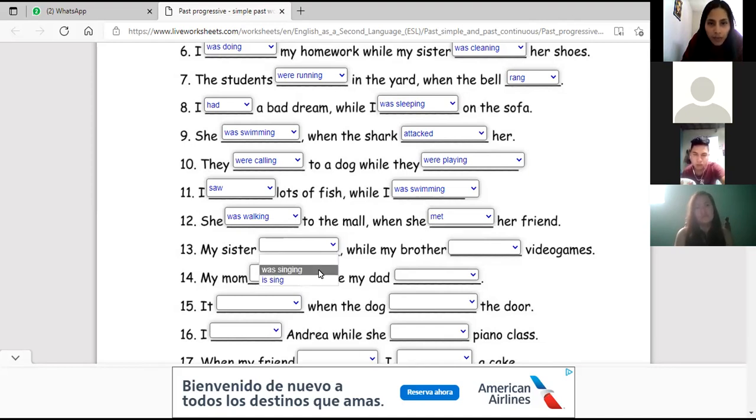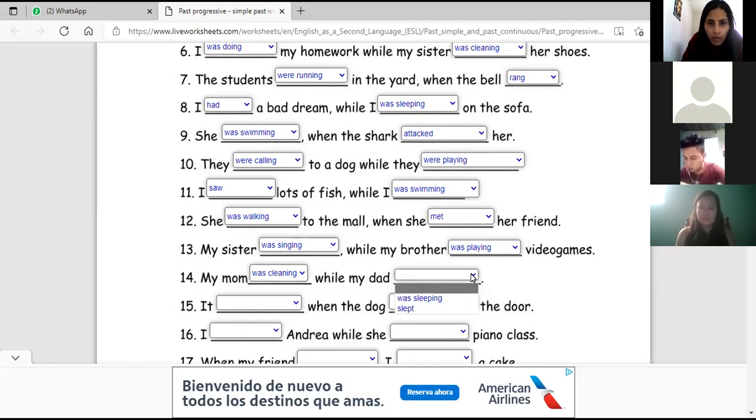My sister was singing while my brother was playing. Video games. My mom was cleaning. Why Let me see. Why my mom cleaned it. No, my mom. It's in the past. Mom was cleaning.